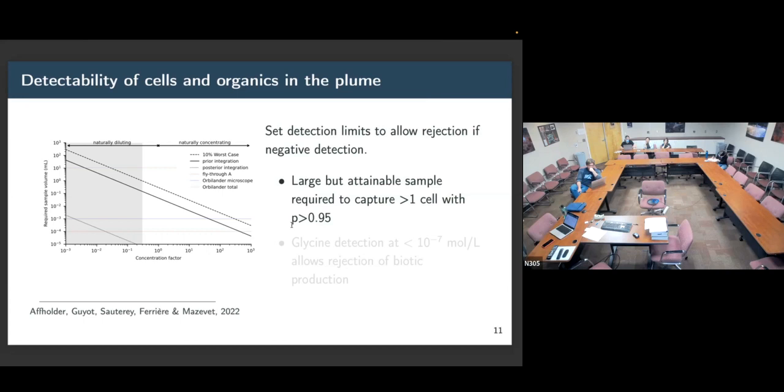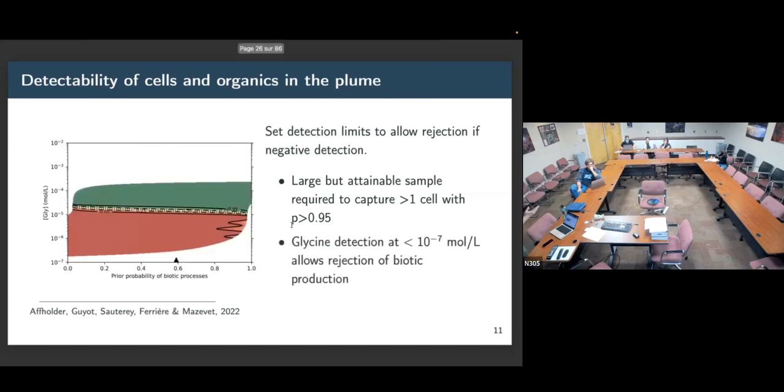So, that was for cells, but let's look at, for example, a molecule that is produced by organisms, glycine, an amino acid, but it's also produced by hydrothermal chemistry, it turns out.